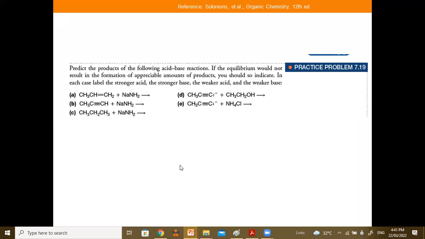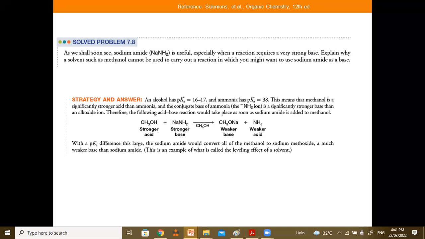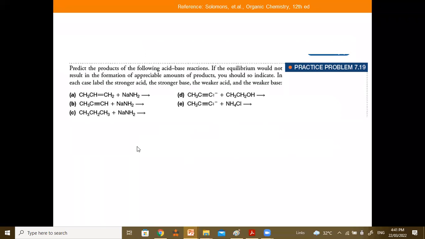Okay, and you can practice this one. It will be the predicted product mode. This is simply like an acid-base reaction, and we start with a stronger acid and stronger base to produce a weaker acid and a weaker base like this one. So for us to predict, we always simply have to check the pKa of the individual species.